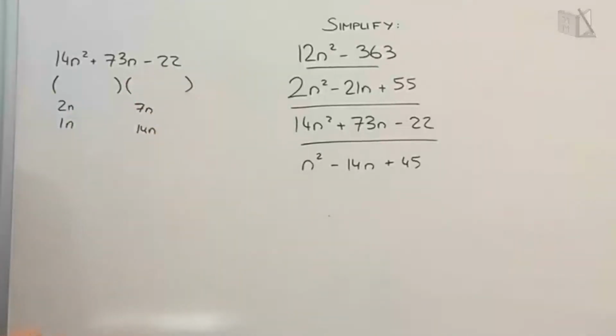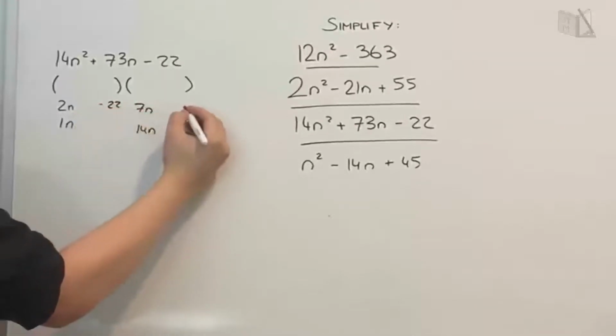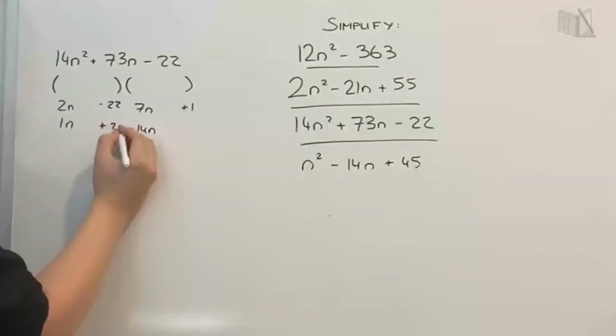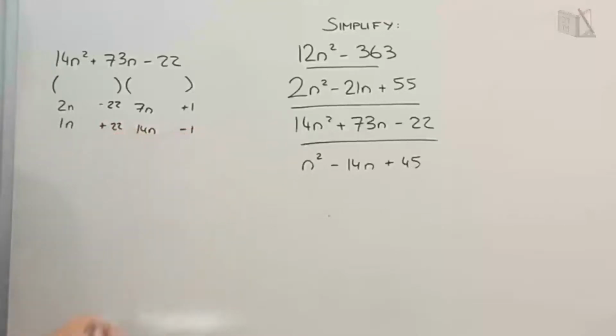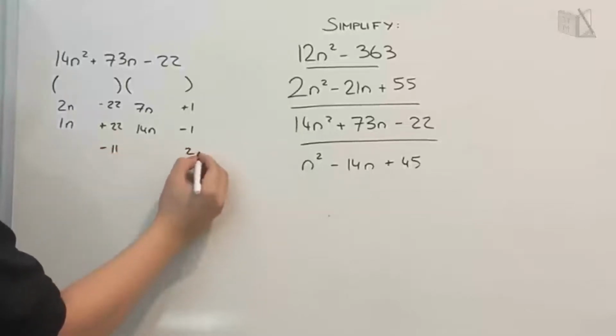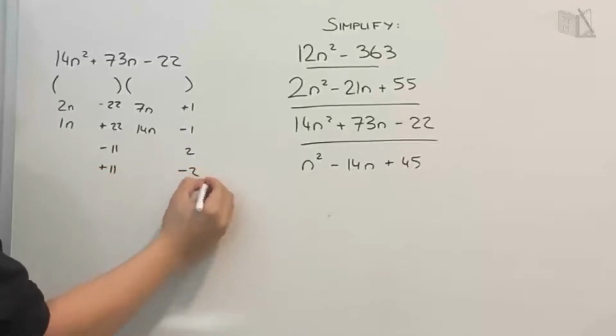And that's the case for minus 22: I can have minus 22 and positive 1, which multiply to give minus 22, positive 22 and minus 1, minus 11 and positive 2, or plus 11 and minus 2.